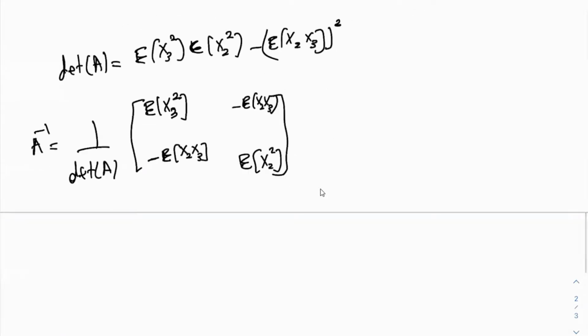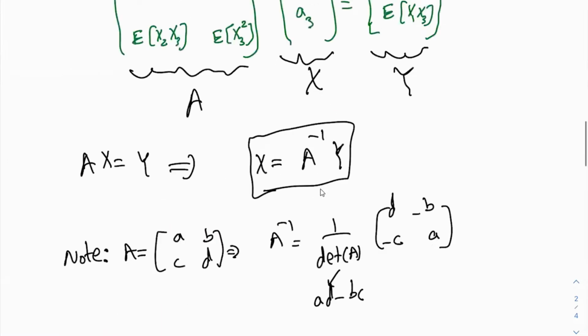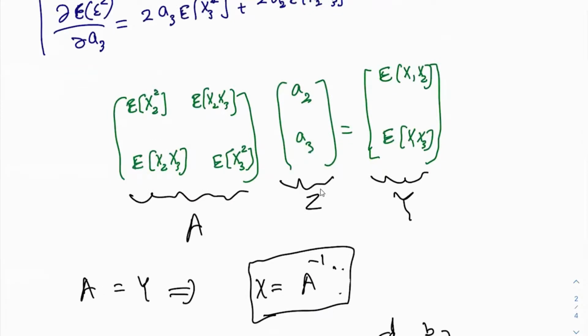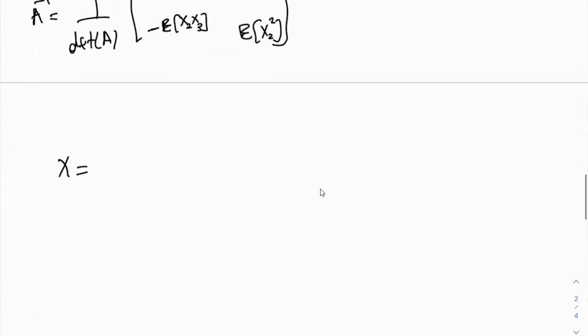Therefore, x in our problem, capital X here, is not a random variable, it's the unknown that we have. Perhaps it's time to change this one to z, since maybe x is confusing. I will write Az is equal to y, so z is equal to A inverse y.